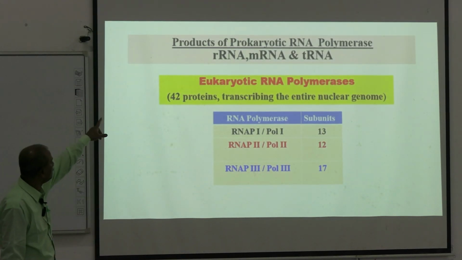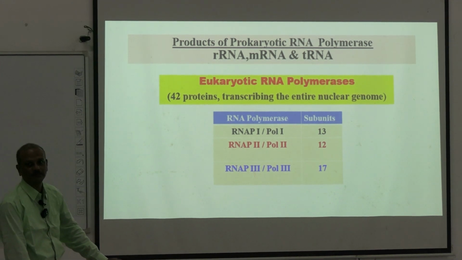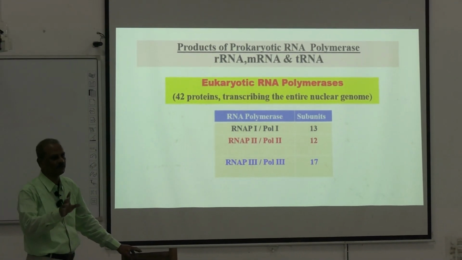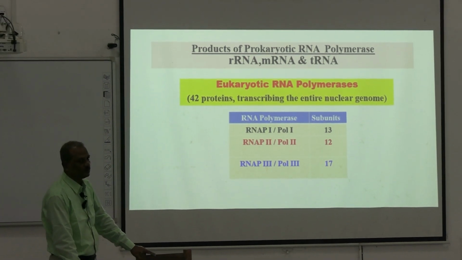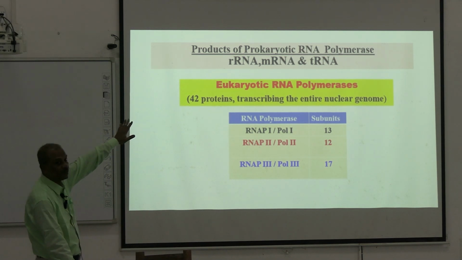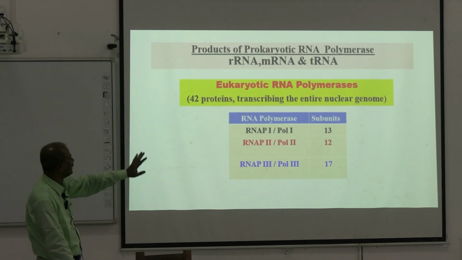I told you the prokaryotic RNA polymerase contains 5 units, 2 alpha, 1 beta, beta prime, and 1 omega, and they produce 3 RNAs only, rRNA, mRNA, tRNA.